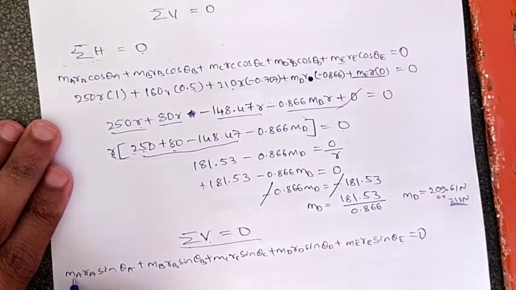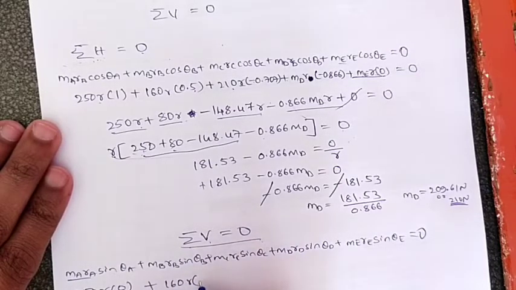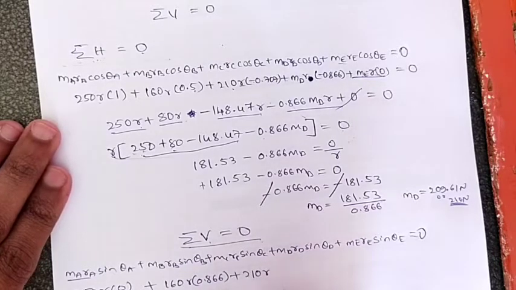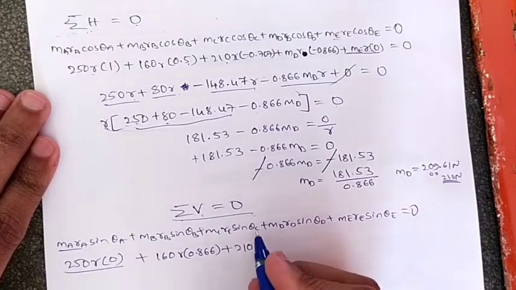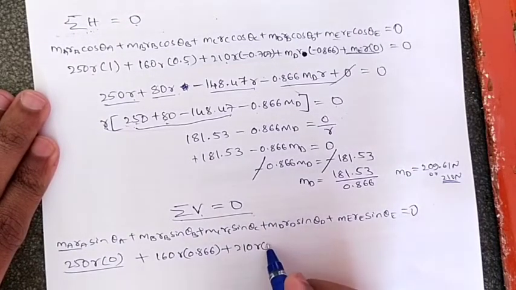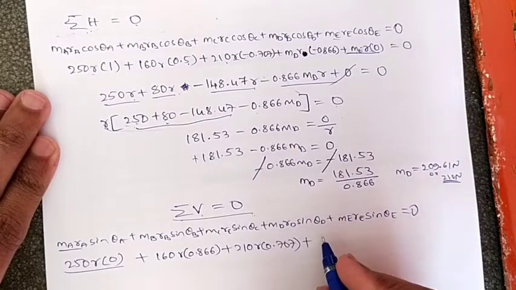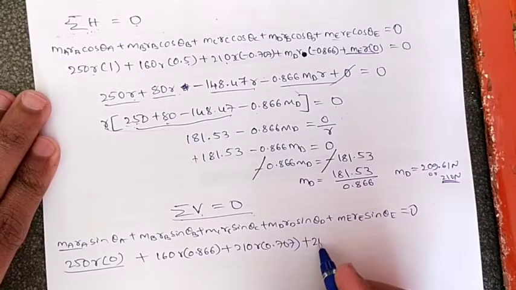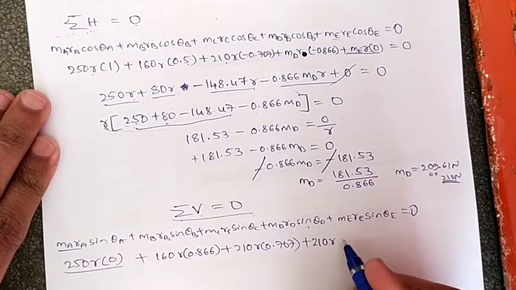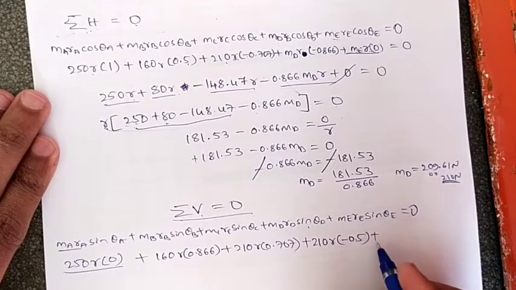Now go on substituting. MARA is 250R. Sin of theta A is sin of 0, which is 0. So this term becomes 0 now. MBRB is 160R into sin theta, 0.866, plus MCRC is 210R into sin theta C, 0.707, plus MDRD, MD I have got here as 210R, sin theta D is minus 0.5, plus MERE.